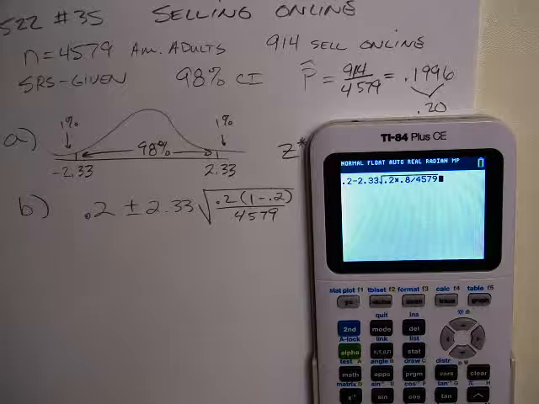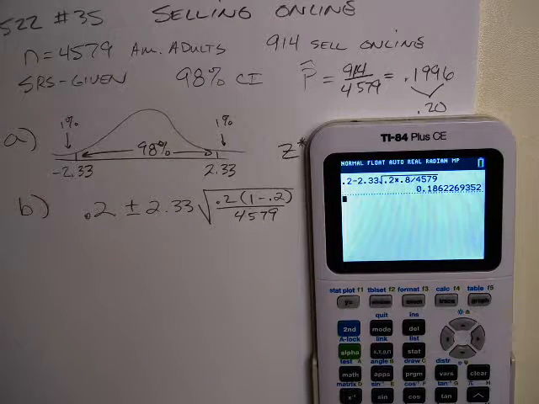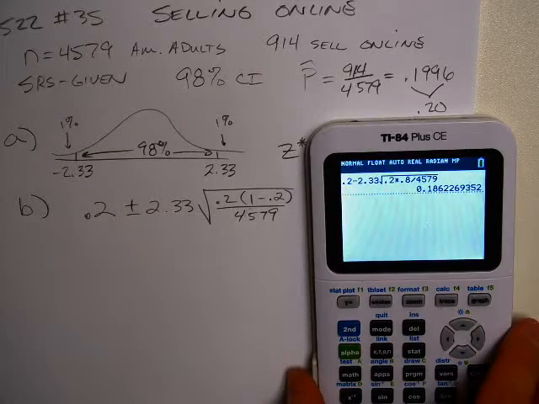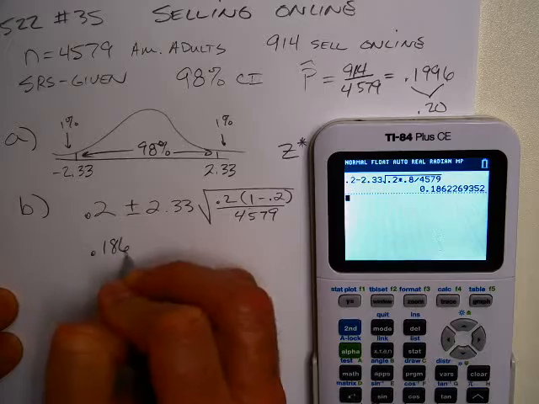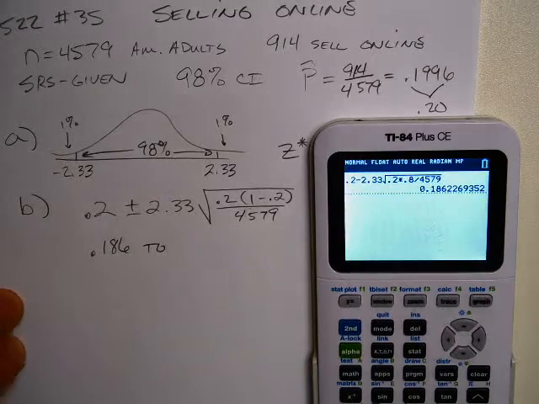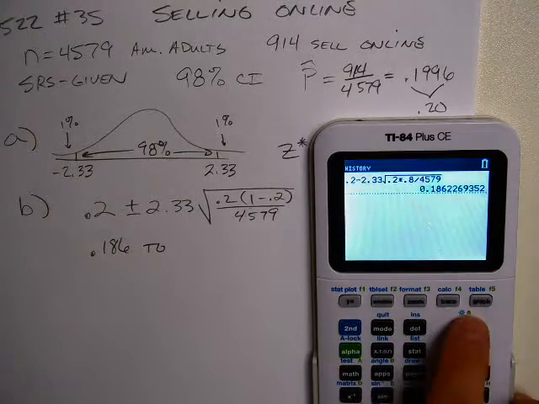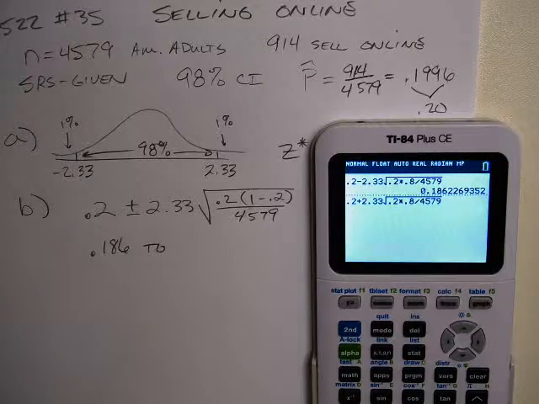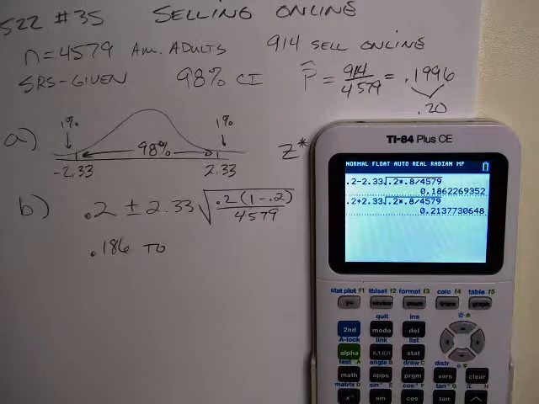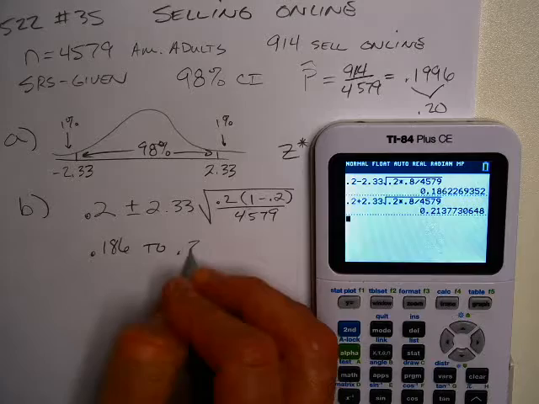I don't really need any parentheses in there. Order of operations works out just fine the way it is. And so that gives me my lower interval of about 0.186. And then to do the plus, I just come up here and copy that and change the minus to a plus. You don't have to delete it, you just type over it. And so that's 0.214.